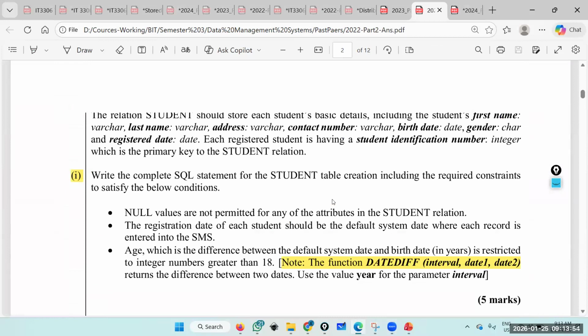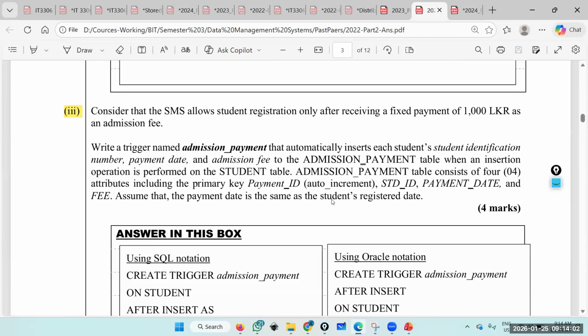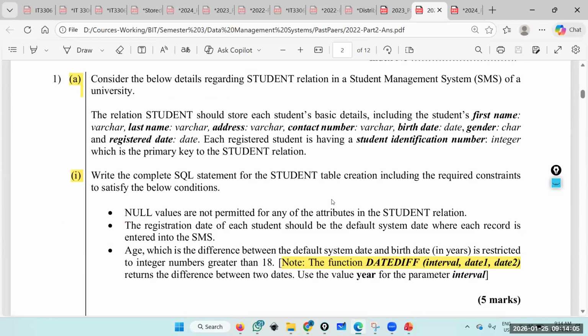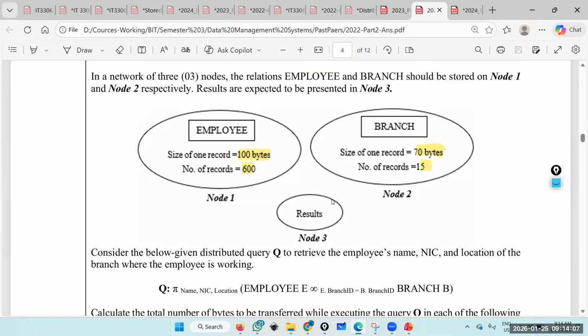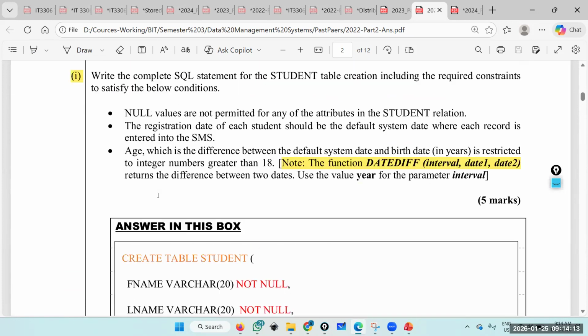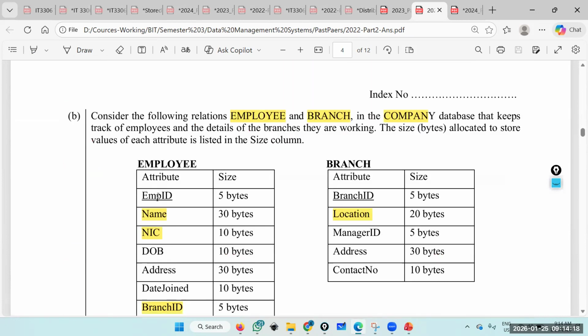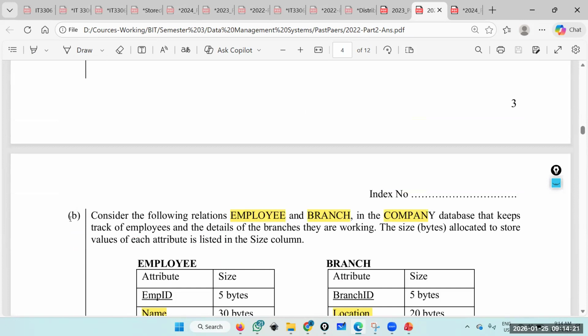Right, so this is the 2022 paper. Right, so this is the question. Question 1B. Okay, so that means this is also done. Right.